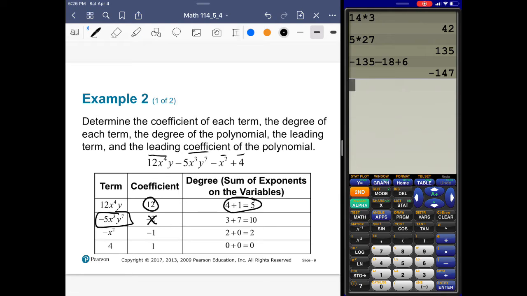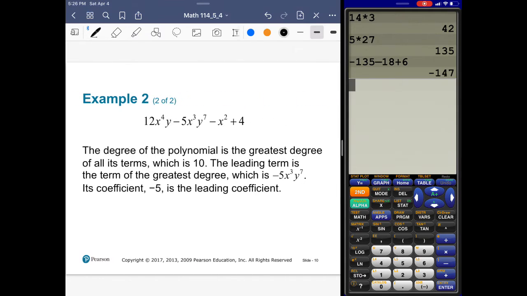This has a mistake from the book. This should be -5 as our coefficient, and 3 plus 7 is 10. Then -x squared, our coefficient is -1 and our degree is 2. The coefficient on the last one is 4. That's also a mistake in the book; this should be a 4.